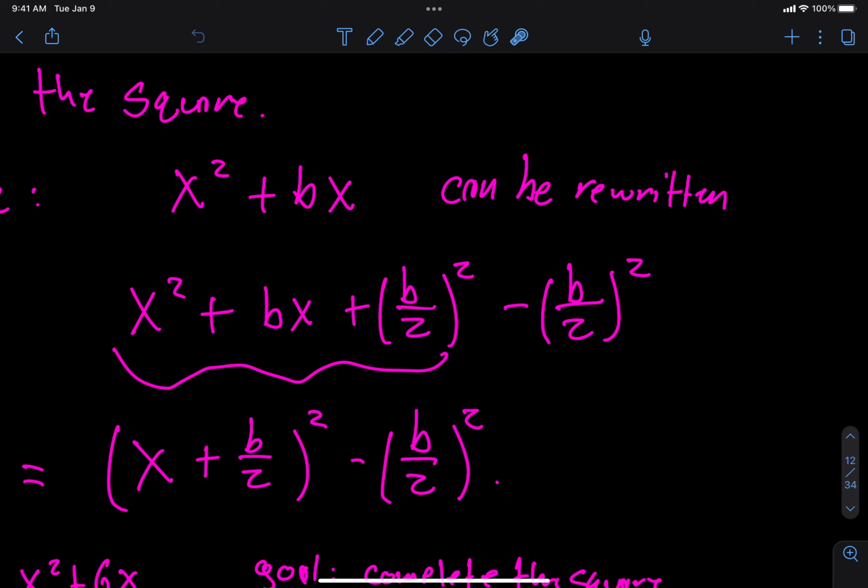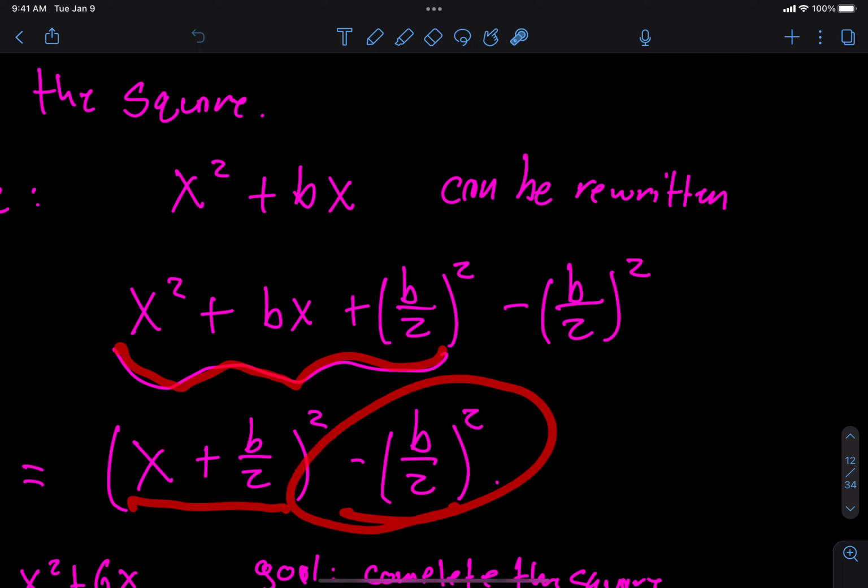And then you can see that this here is exactly x plus b over 2 squared. So I can rewrite x plus b over 2 squared from this term here, and I'm left with this residual minus b over 2 squared. So let's see how that works.